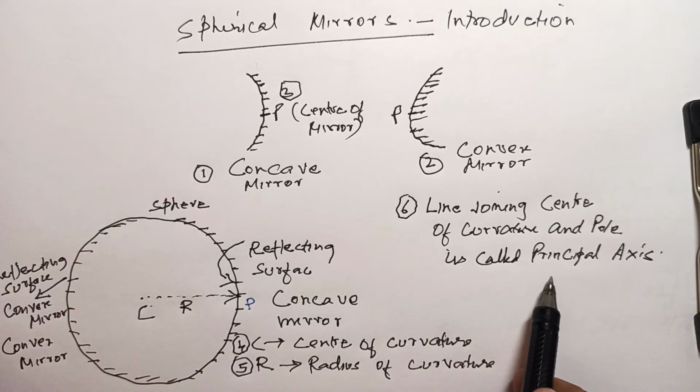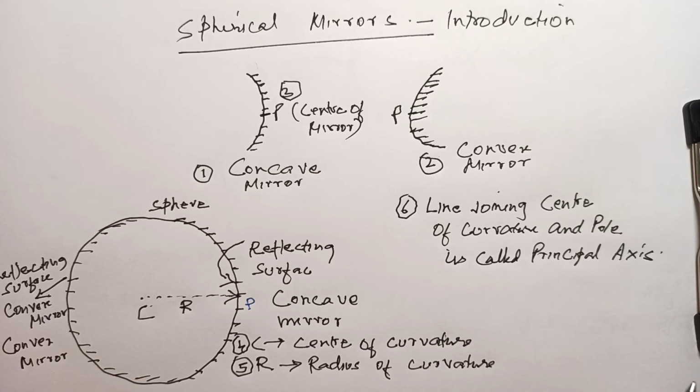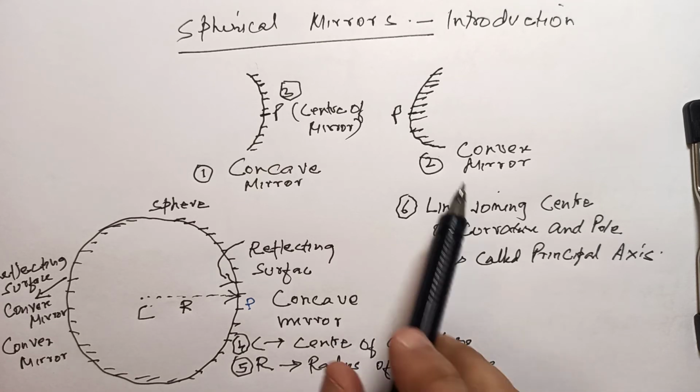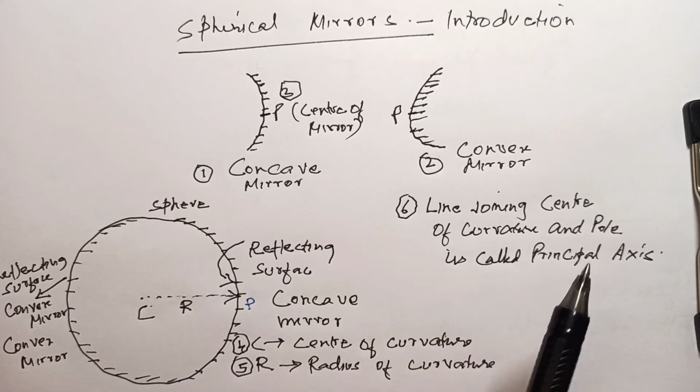Remember the spelling of this? It's principal, not PLE. So this is principal axis, the line joining center of curvature and pole. So I covered these basic 6 things you should be well aware of.